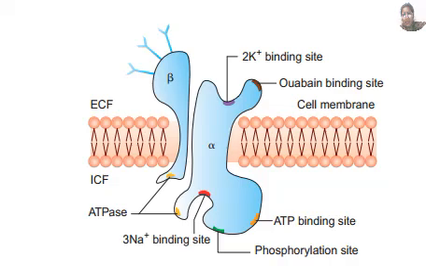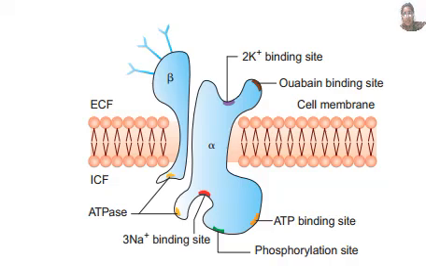The activated ATPase catalyzes the hydrolysis of ATP, adenosine triphosphate, to ADP, adenosine diphosphate. This reaction liberates the energy of high energy phosphate bonds, and this is known as phosphorylation.